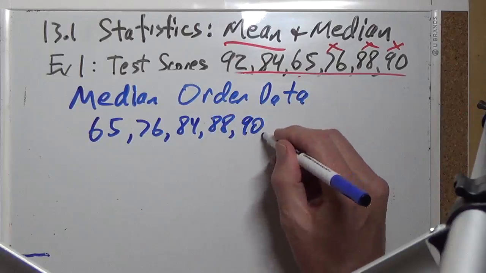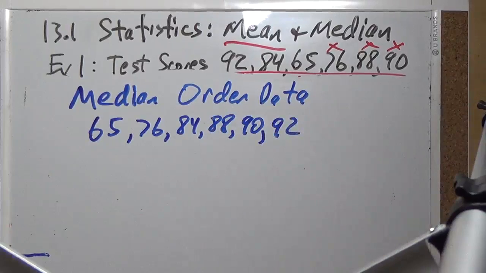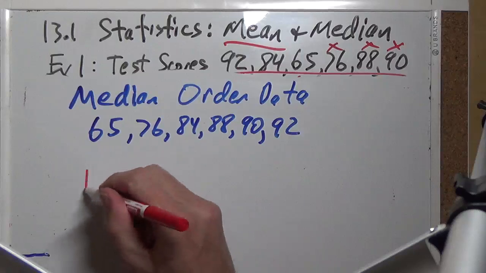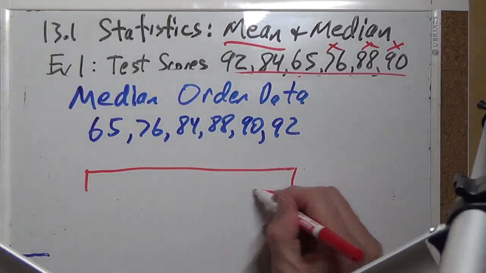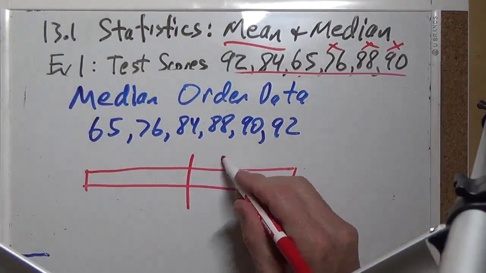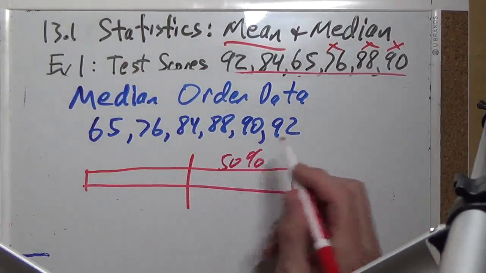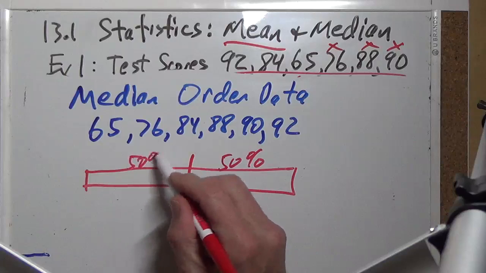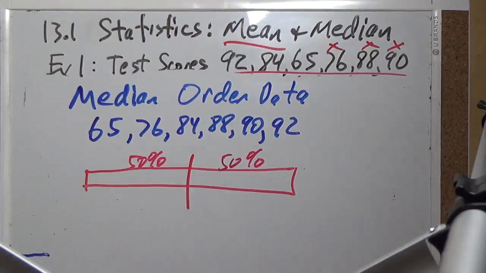Okay, so now I've got all my data in order. And what the median does is it just takes all your data. Think of it as a big candy bar. The median cuts it in half. So you would have 50% above the median and 50% of your data below.